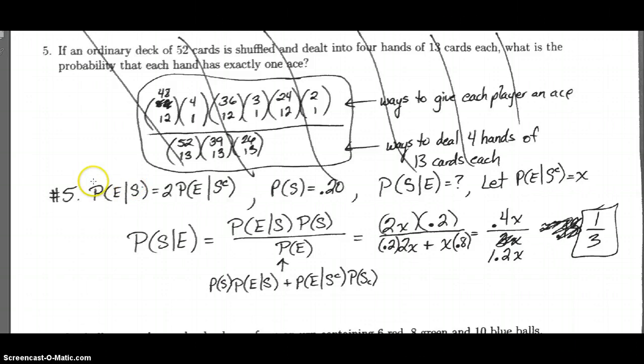But part of your given information is that smokers have twice the risk of an ectopic pregnancy as non-smokers. So this is a key way to interpret that statement there. And then 20% of the women are smokers. I think most people got that.